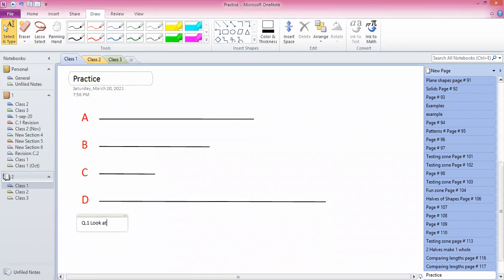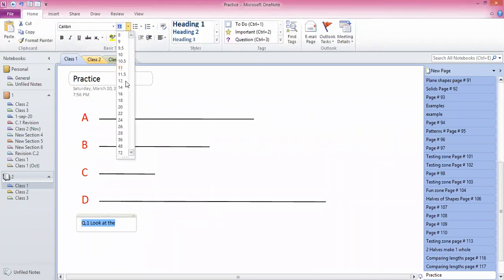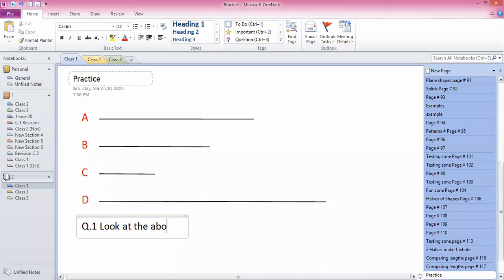I'm going to make it bigger for you guys. Look at the above lines and fill in the boxes. This is the question, guys.